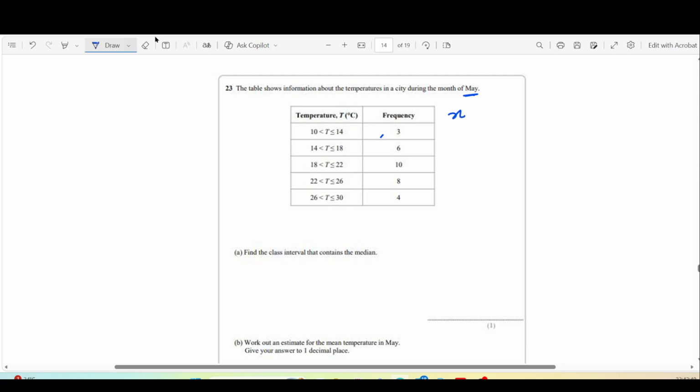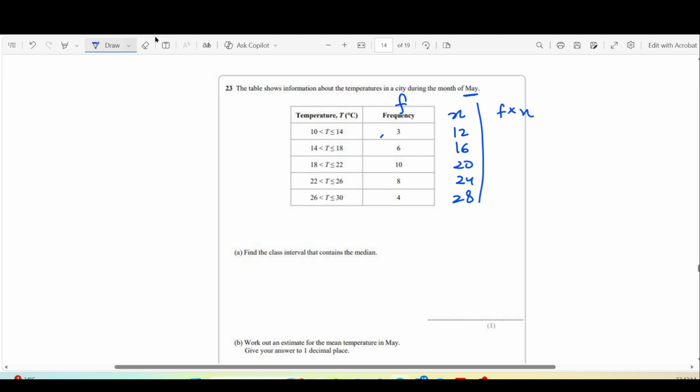The midpoint between 10 and 14 is going to be 12, right? Here it's going to be 16 between 14 and 18. Then between 18 and 22 it's going to be 20. Between 22 and 26 it's going to be 24, and then between 26 and 30 it's going to be 28. So this is my f frequency, this is my x.